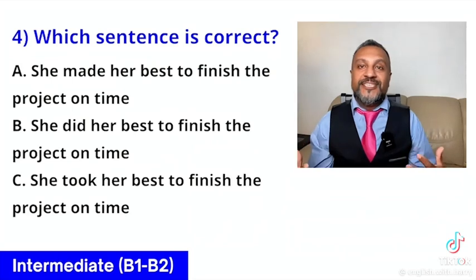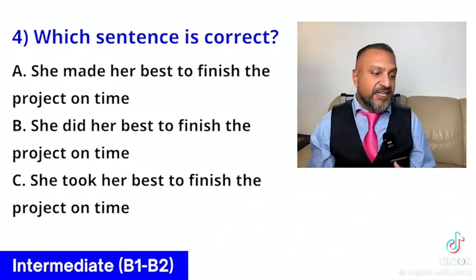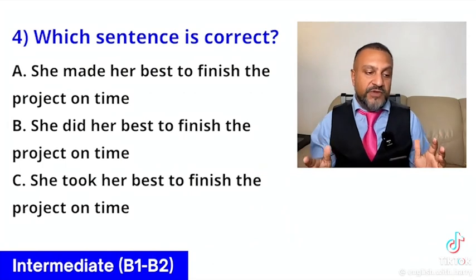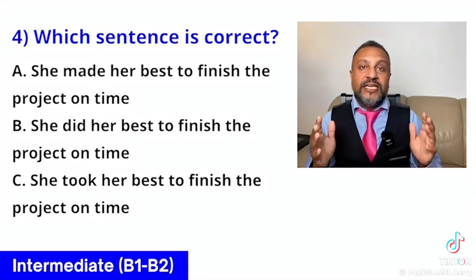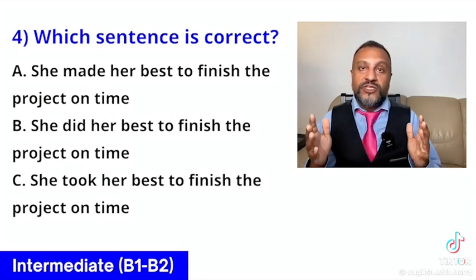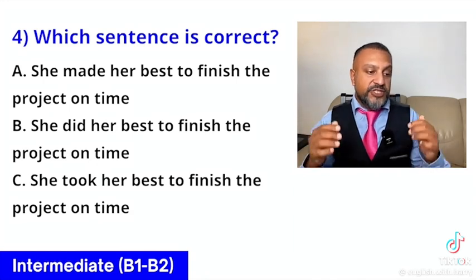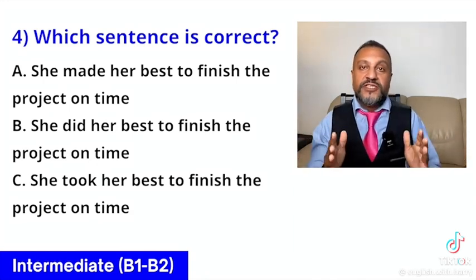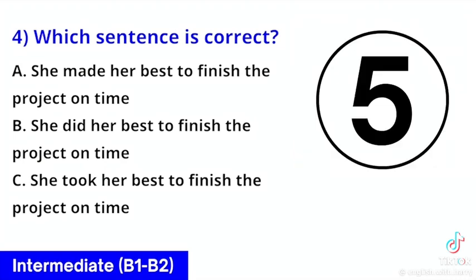Which sentence is correct? She made her best to finish the project on time. She did her best to finish the project on time. She took her best to finish the project on time.